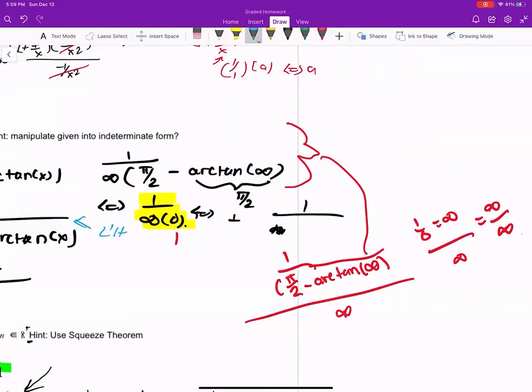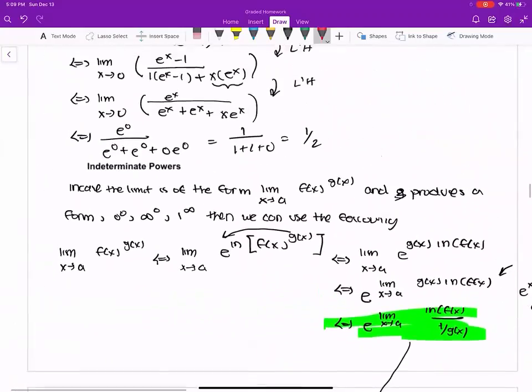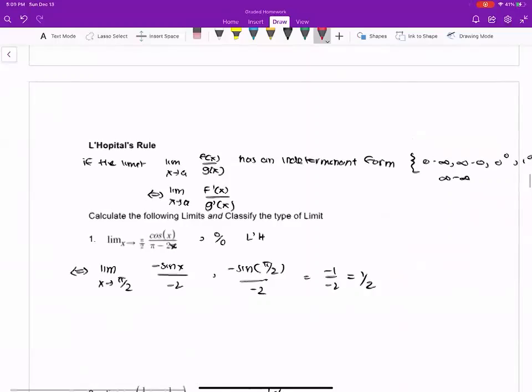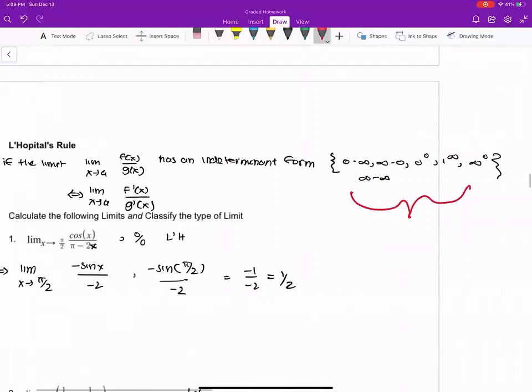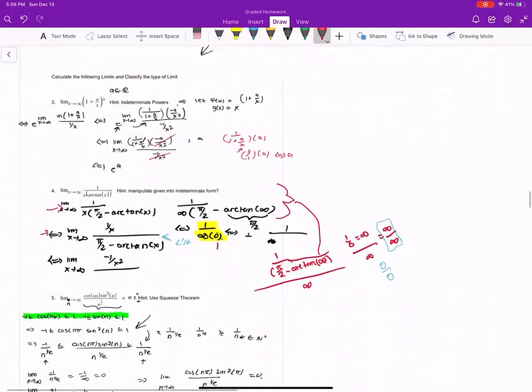You need to always evaluate it into this form or 0 over 0. When he mentioned earlier that any of these forms work, it means they can be simplified into infinity over infinity or 0 over 0. But you have to first simplify before you can apply L'Hopital's.